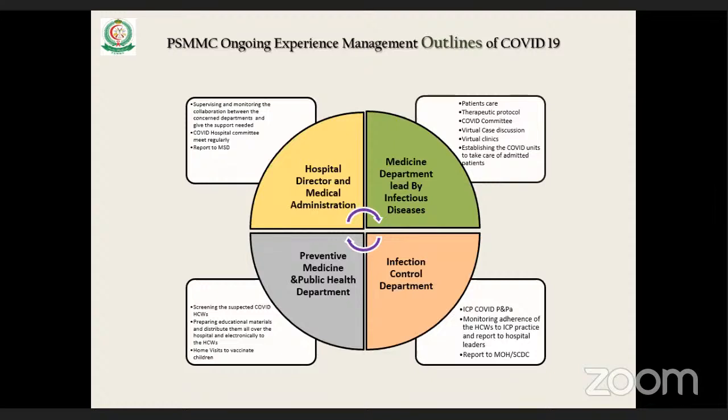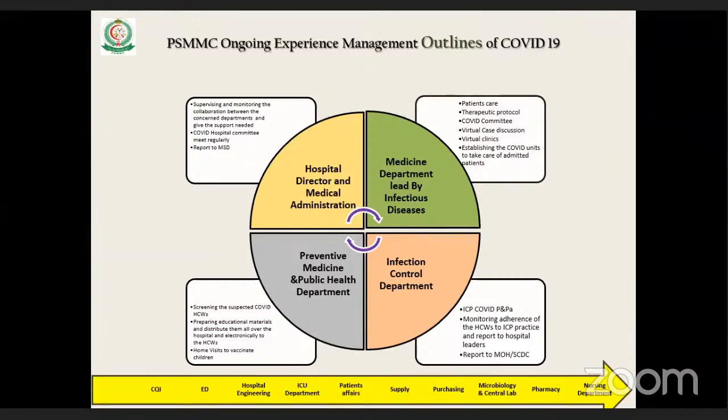The time will really not be enough to show you all the efforts done and still continuing. So these are different teams: CQI, emergency department, hospital engineering, ICU, patient affairs, supply, purchasing, microbiology and central lab, pharmacy, nursing department.